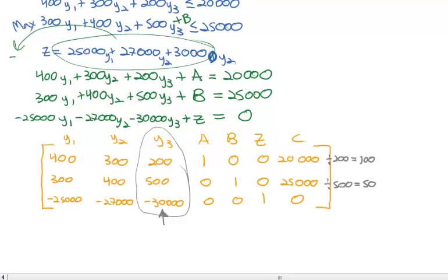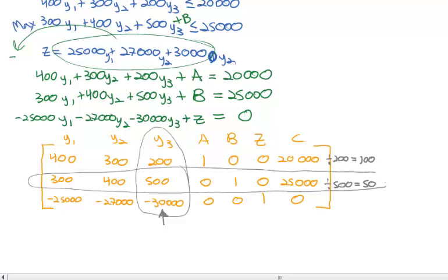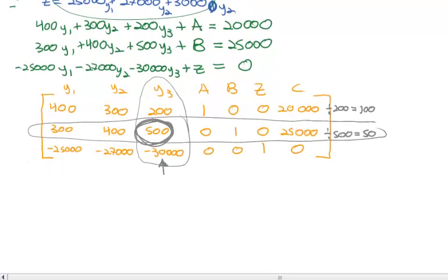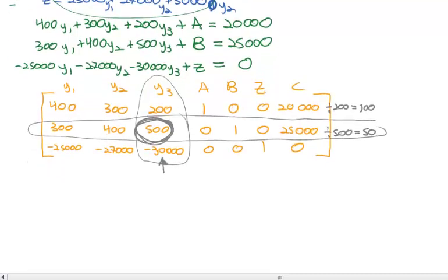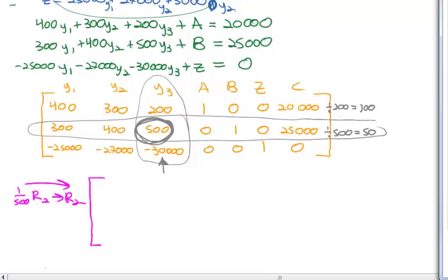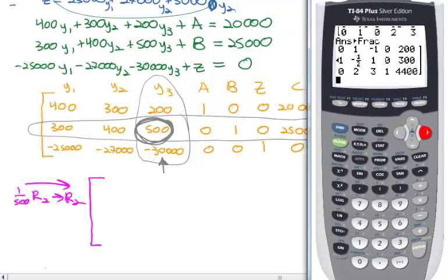The smallest one there is the 50, so the pivot is in the second row, which means our pivot value is the 500. So we make that pivot value 1 by multiplying by the reciprocal, 1 over 500 times row 2, to get the new row 2. And now again we'll bring back our calculator to help us out.